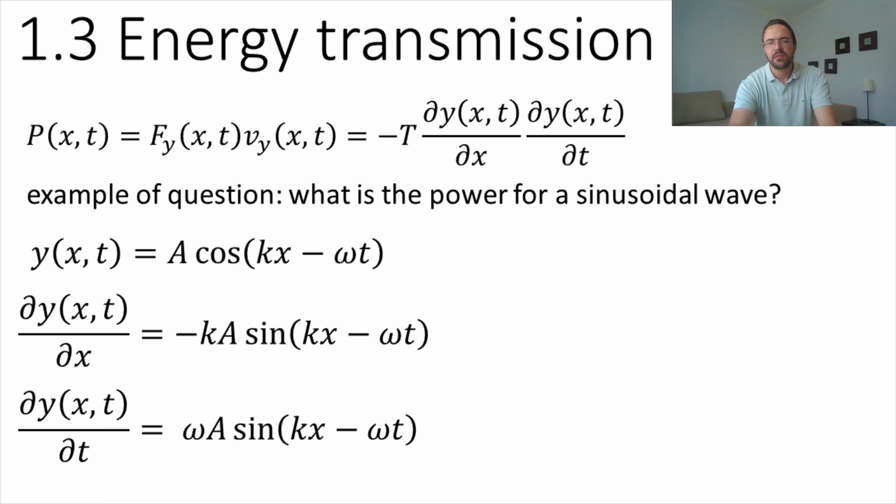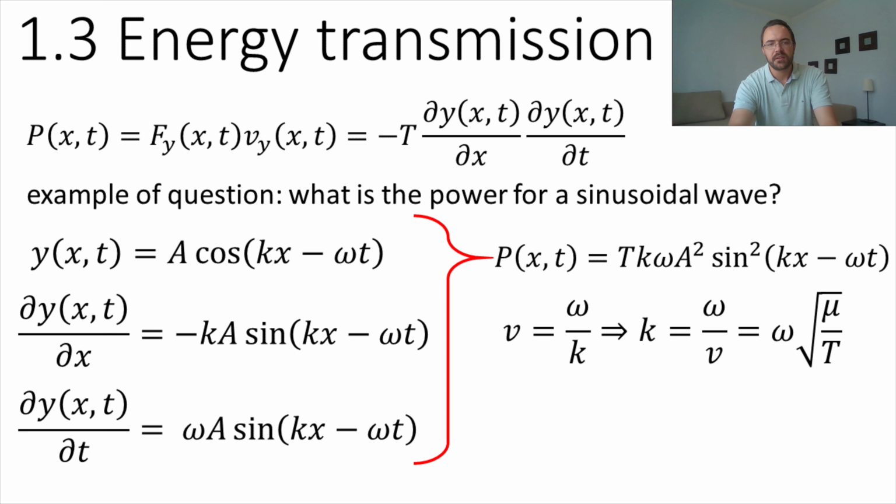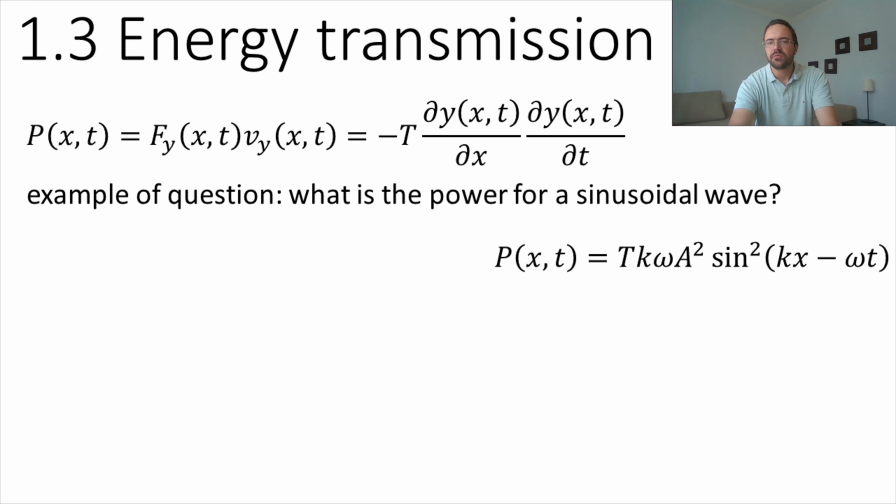And for the particle velocity, I have minus sine, but I also have minus omega. So I get plus omega A sine(kx - omega t). And now I can combine this, and I obtain that the power is equal to T k omega A squared multiplied by sine squared of (kx - omega t).